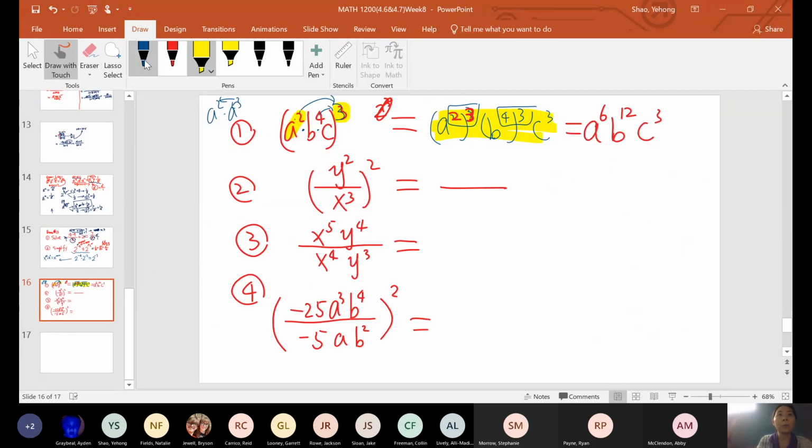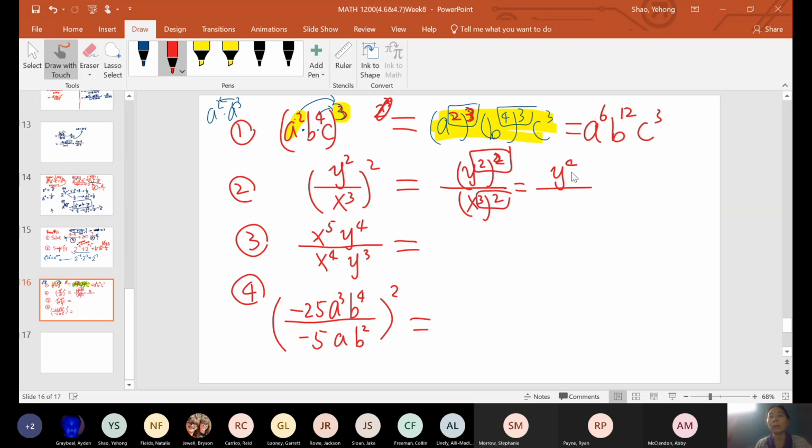So right here, we will raise the top, y squared, to the squared, and x to the third, squared. And you will get y, 2 exponents beside each other, you multiply them, power of power, and you multiply 2 and 3. So that would be the answer to the second. Now the third one, it's division.